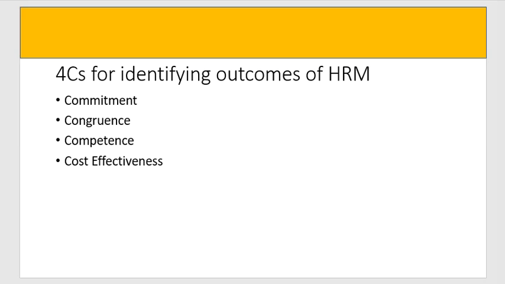Now, if you can achieve the first three C's, commitment, congruence, competence, you will also achieve cost effectiveness. And now I'll tell you why. Imagine company X and company Y. One company has proper HRM systems that is able to keep their employees motivated, that provides proper growth opportunities to the employees, where employees would love to come and work.